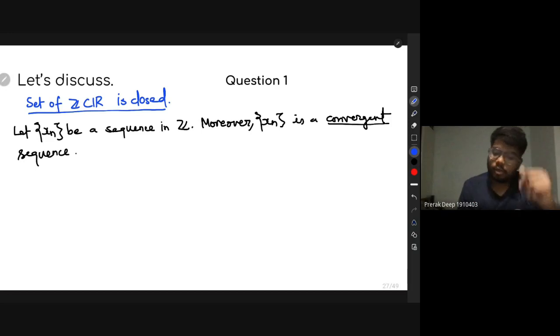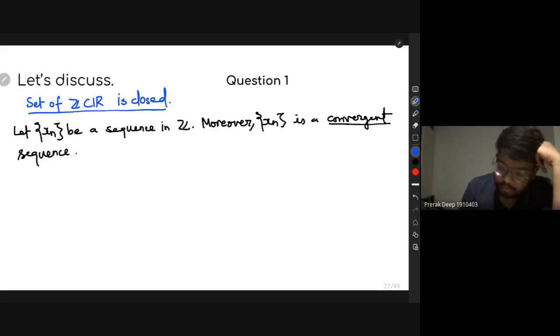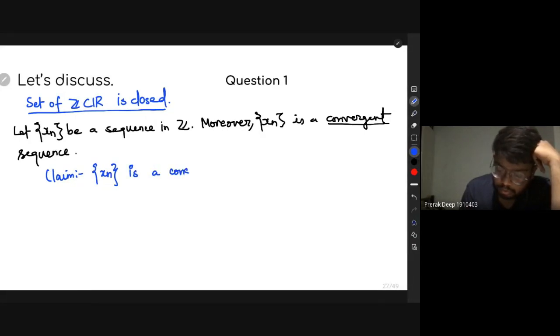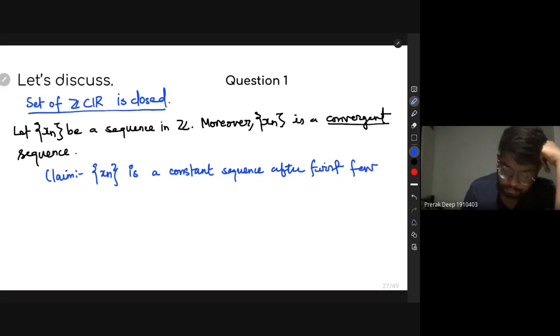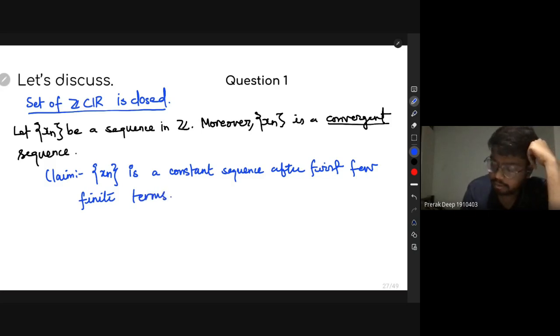Now I claim that xn is a constant sequence after the first few finite terms. What do I mean by that?